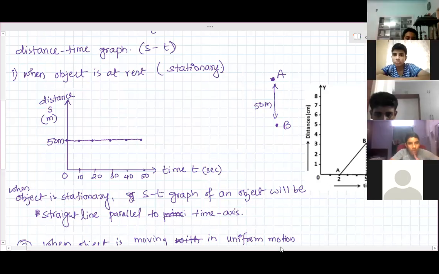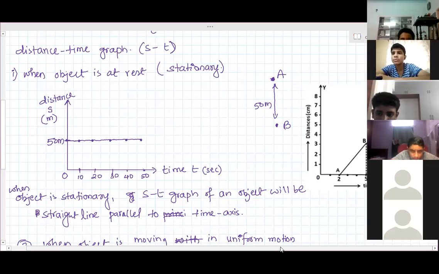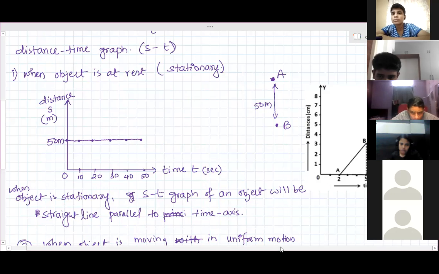A to B and C to D, because these are exactly straight lines, right? So A to B is also uniform motion and C to D is also uniform motion. Okay. Now, the more the slope, the more the inclination, the more the speed.